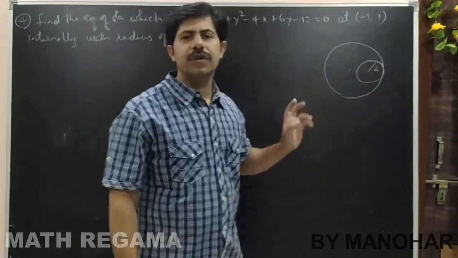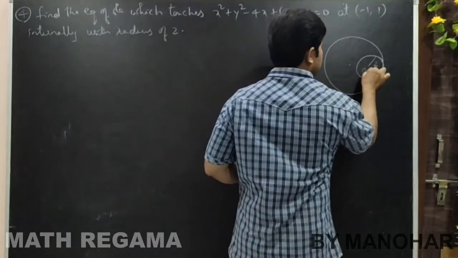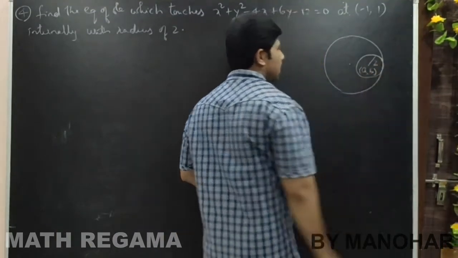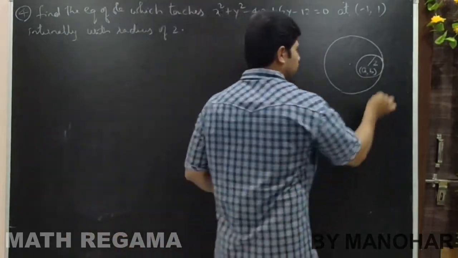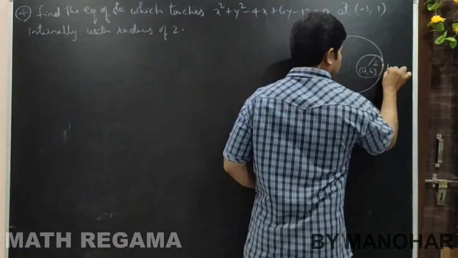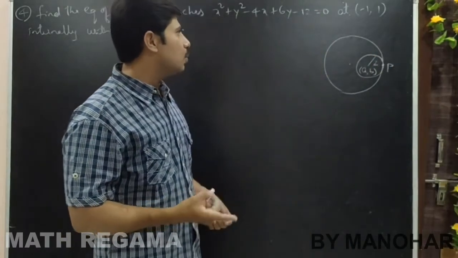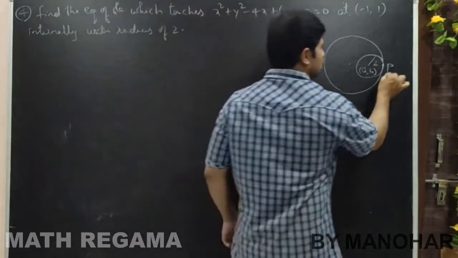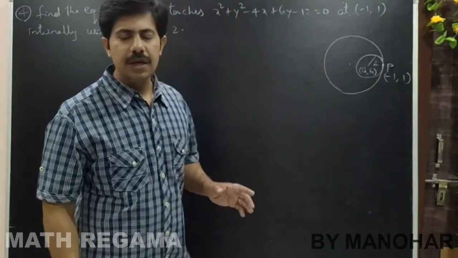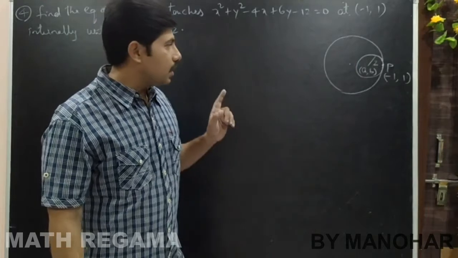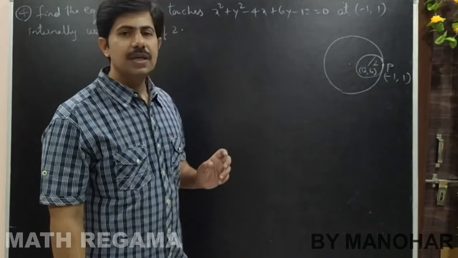So here also we have to find the center of the required circle. We assume the center of the required circle as (a, b). One more important thing is the point of contact of these two circles, which I represent as P. The point of contact is given as (-1, 1), and this (-1, 1) is nothing but ECS.